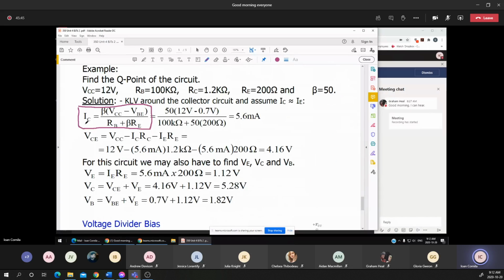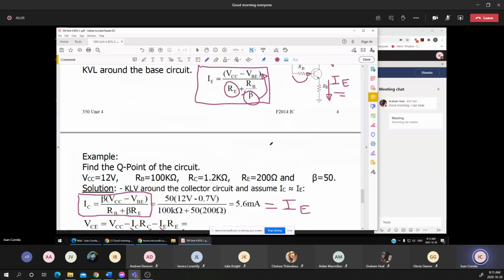I'm finding the IC, but remember that the IC is the same as the IE. That's one of the 5 useful equations. Once you know the IC, we can determine the VCE, and it is the VC minus the drop voltage across RC minus the drop voltage across RE.